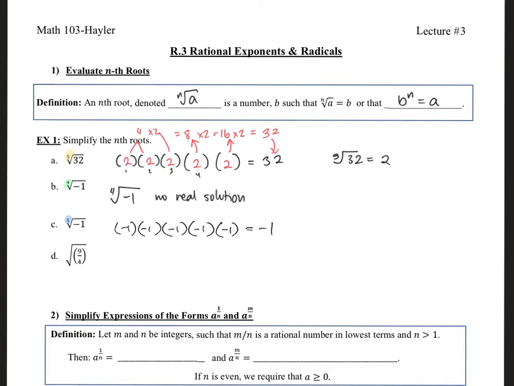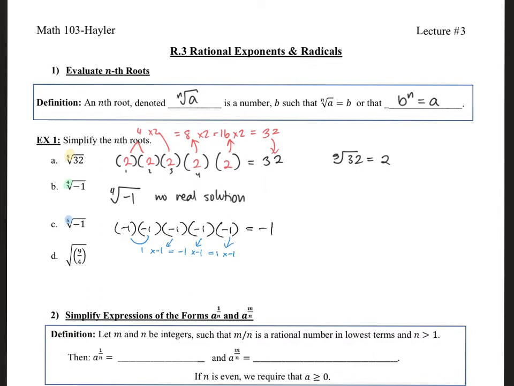Well, the negative 1 times a negative 1, is that positive? When I multiply it by this negative 1, I get a negative 1. Let's multiply it by this negative 1. So negative 1 times another negative 1 would give me positive 1. And let's multiply it by the fifth negative 1.